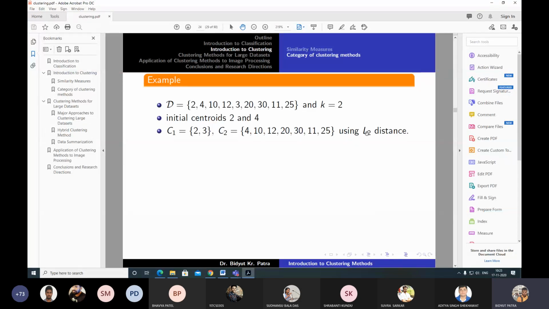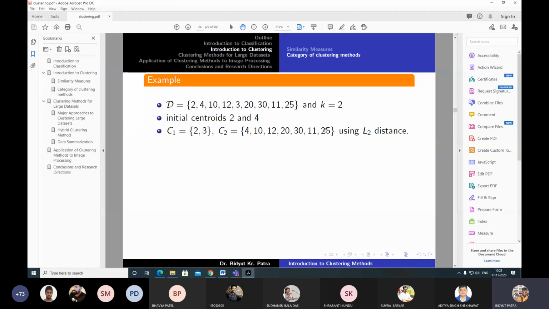Here in this example, we have considered the L2 distance. However, we can test with L1. We are now checking with L1. Once you assign the points to the individual clusters, you take the average. The average of 2 and 3 is 2.5.